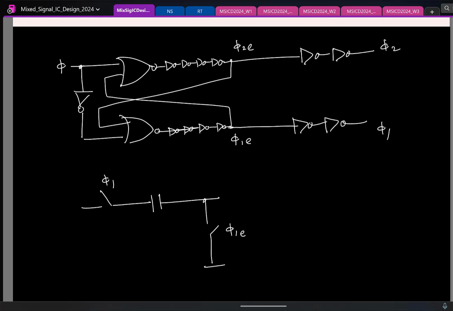And to process the sampled data, I ground this. If you want to increase the delay of this NOR gate, you can design the NOR gate to have more delay, or we can just do this.